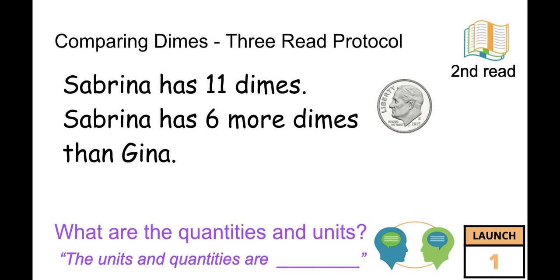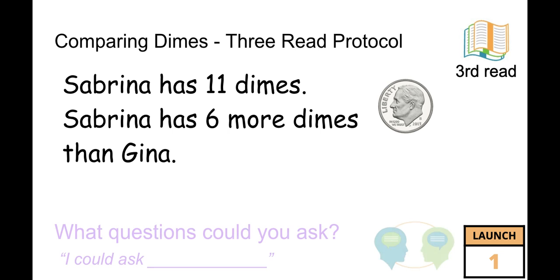And our last read. Sabrina has 11 dimes. Sabrina has 6 more dimes than Gina. What questions could you ask? I could ask, what do you think? We know a lot about this math story so far. We know what the story is about.